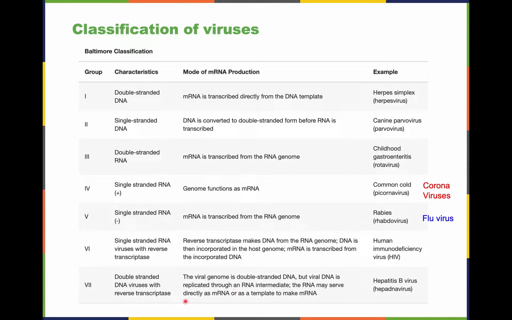So the RNA may serve directly as messenger RNA, or as a template to make messenger RNA. So the different types of genome they have determine the way that genome is used in the cells to make more RNA.